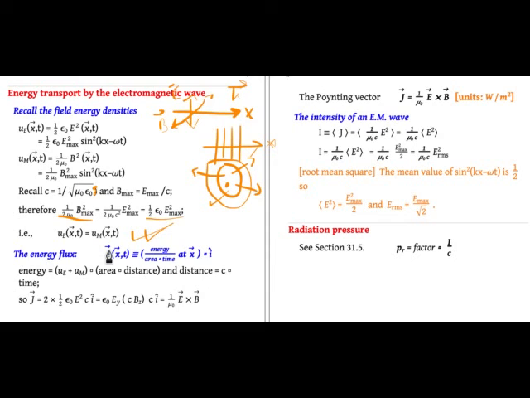And for our plane wave, it's in the x direction. The energy is flowing in the direction of propagation of the wave. So its magnitude is energy per unit area per unit time, and then its direction is I hat, because the electric field carries energy in the direction of its propagating.